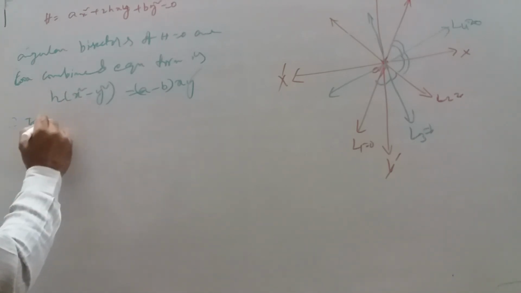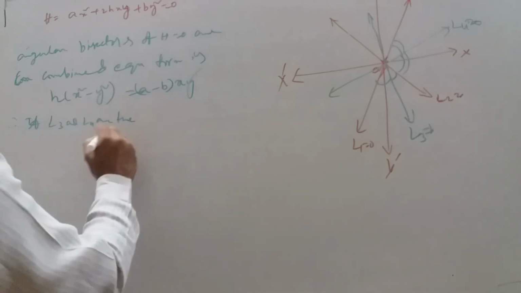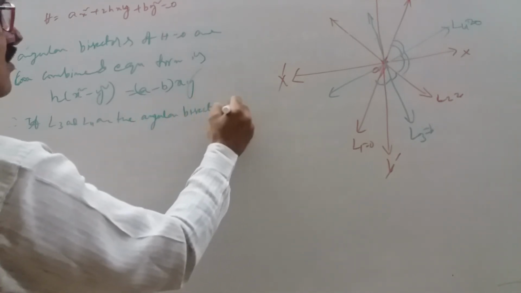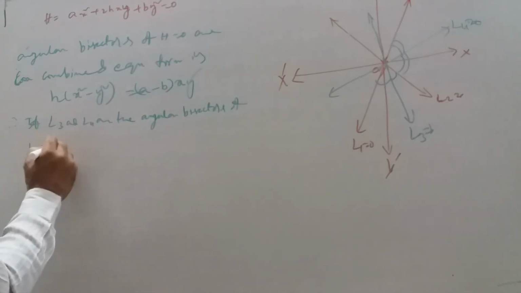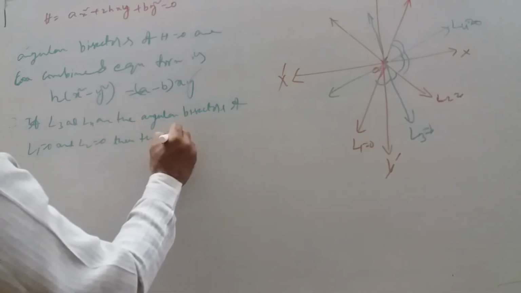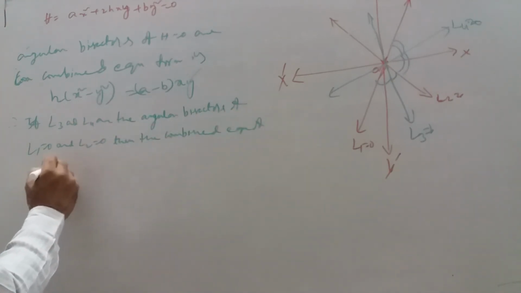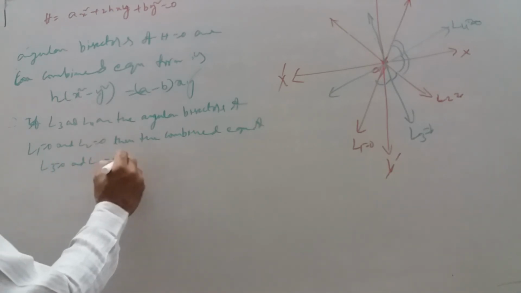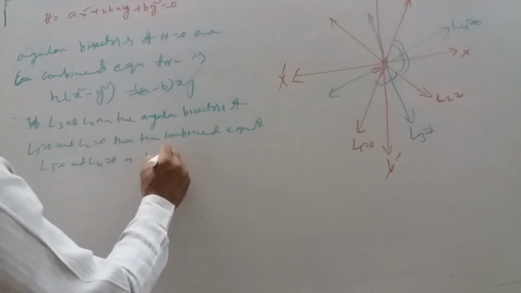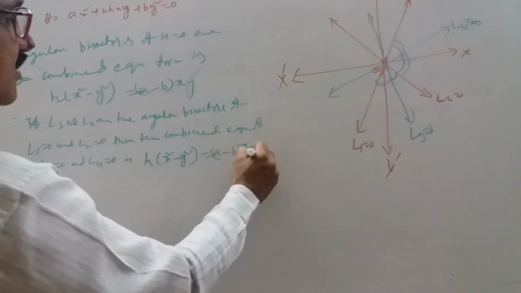Simply I will write, if L3 and L4 are the angular bisectors of L1 = 0 and L2 = 0, then the combined equation of L3 = 0 and L4 = 0 may be taken as h(x square - y square) = (a - b)xy.